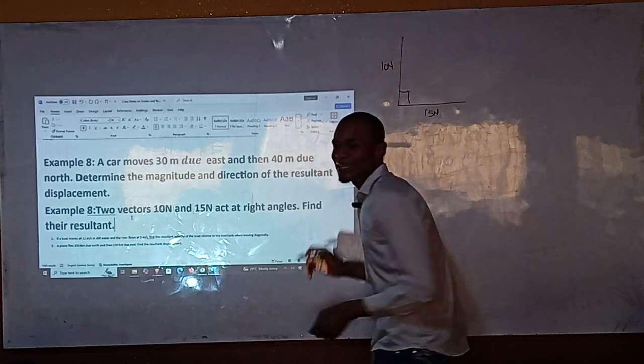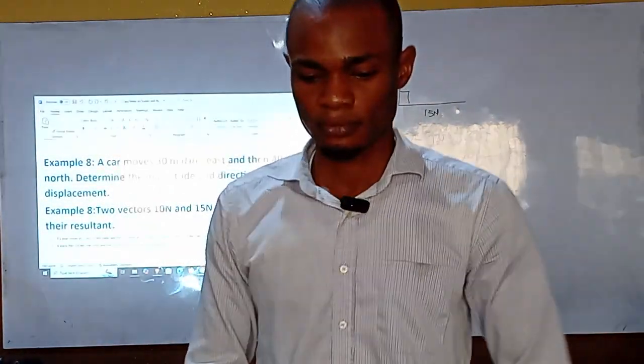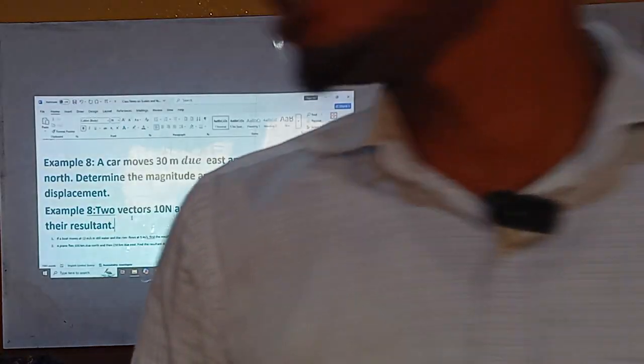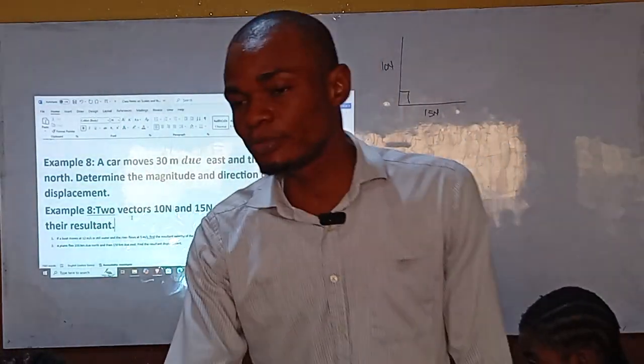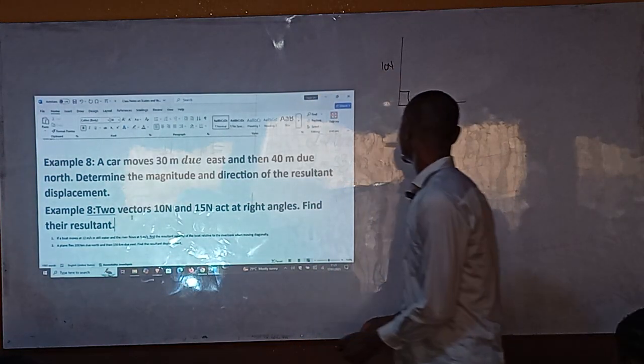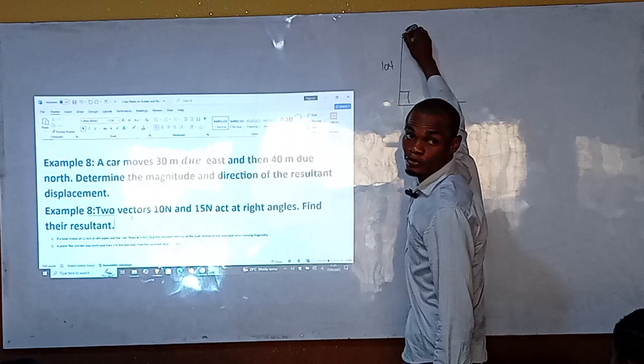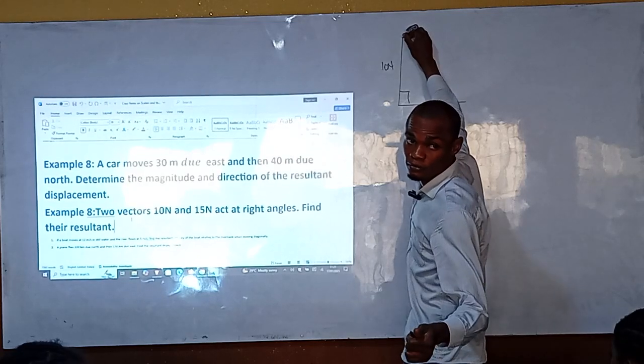That means between them, there is 90 degrees. That's the right angle. Find their resultant.